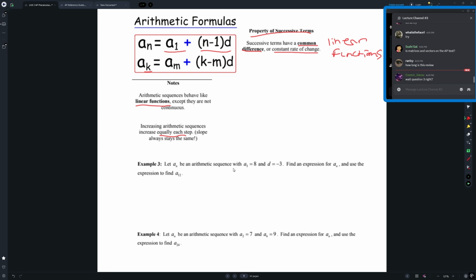Yeah, question 3. This question uses formula number 1. It actually doesn't matter which formula; you can use any formula, so I'm not going to say which.